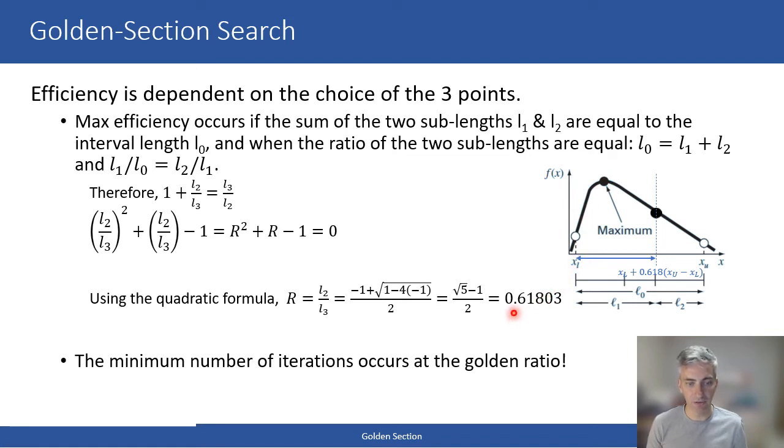Now this number 61.8 is a very special number that often occurs in mathematics, in geometry, and in nature. I think in next week's class I might talk about that a little bit. But for now, you should just accept that the efficiency enhancement can occur if we choose this golden ratio as our splitting position.